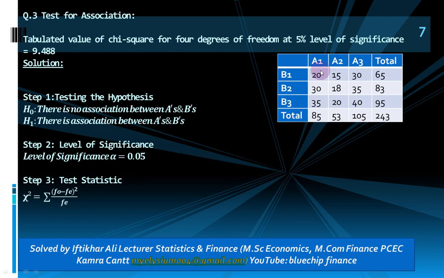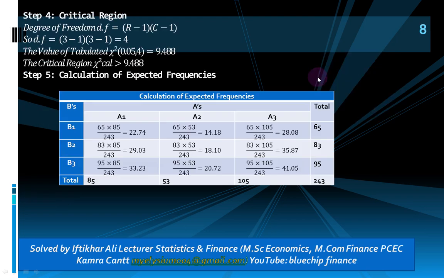Observed frequencies are given in the question. These 9 are observed frequencies, FO, and we are going to calculate FE. For each observed frequency there must be an expected frequency. The formula is very simple: row total multiplied by column total divided by subtotal.